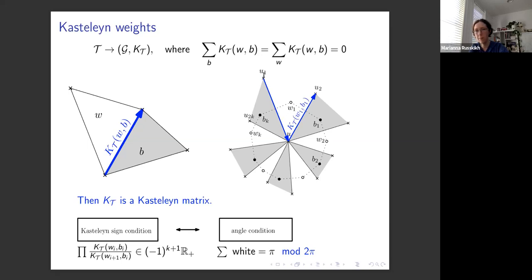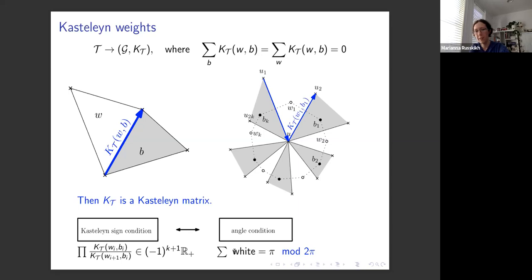We have two complex numbers, one corresponds to this arrow, another corresponds to that one. If we divide one by another, we obtain the ratio whose argument is just the white angle. And then this condition, that the alternating product is positive or negative depending on the degree of the face, is equivalent to saying that the sum of white angles is pi modulo 2 pi.